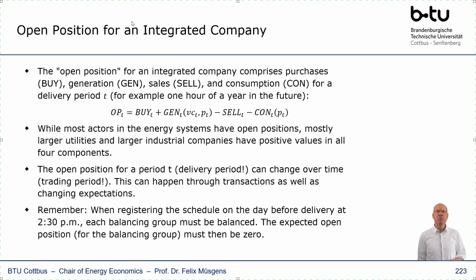This can happen through transactions as well as changing expectations. For example, if you define T here as any particular hour of the next year, then if you buy a full front year base contract that enters this formula, because our T is affected by that, think a moment about where it's affected.